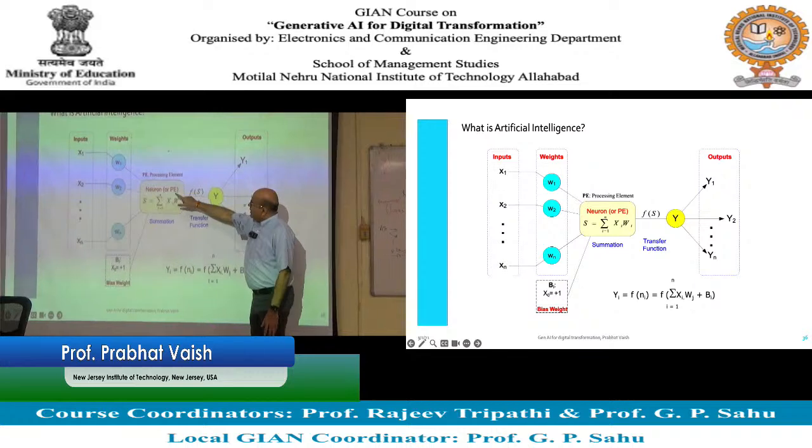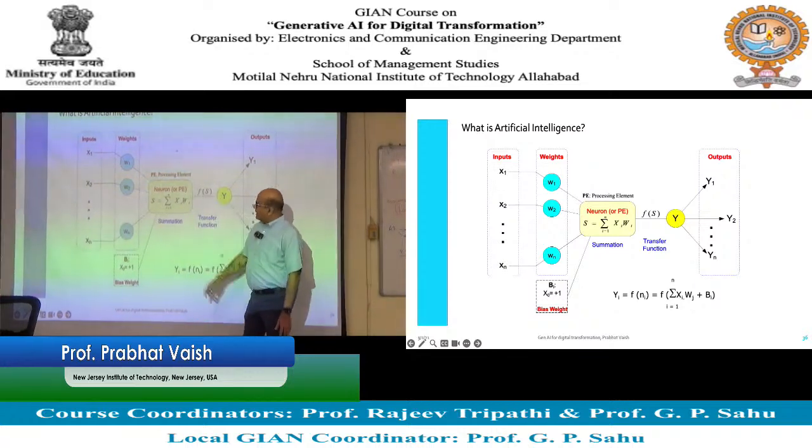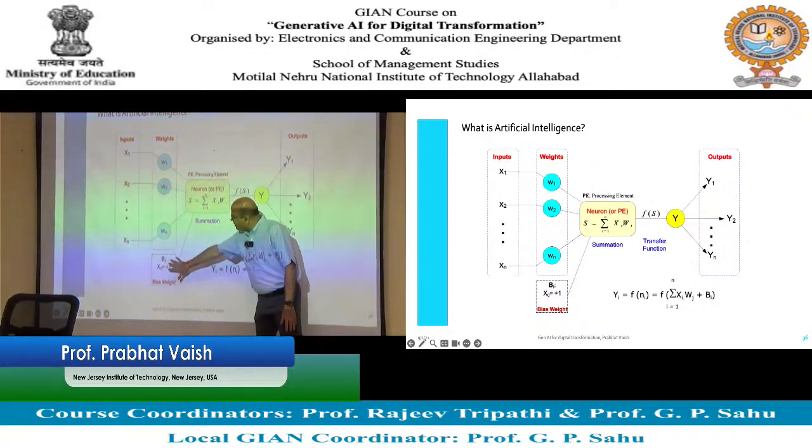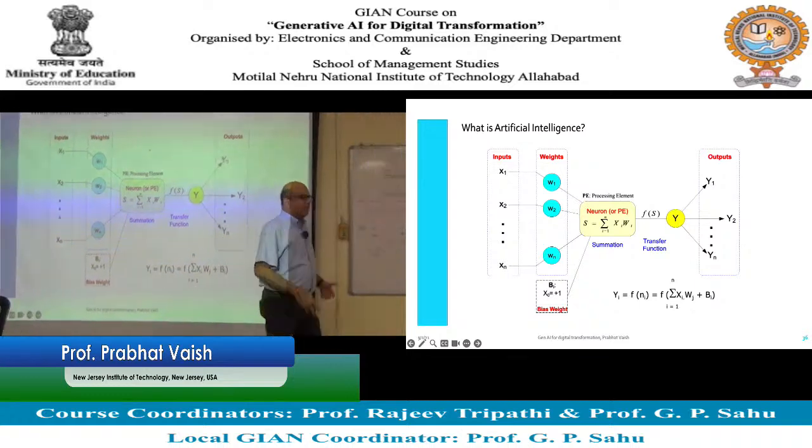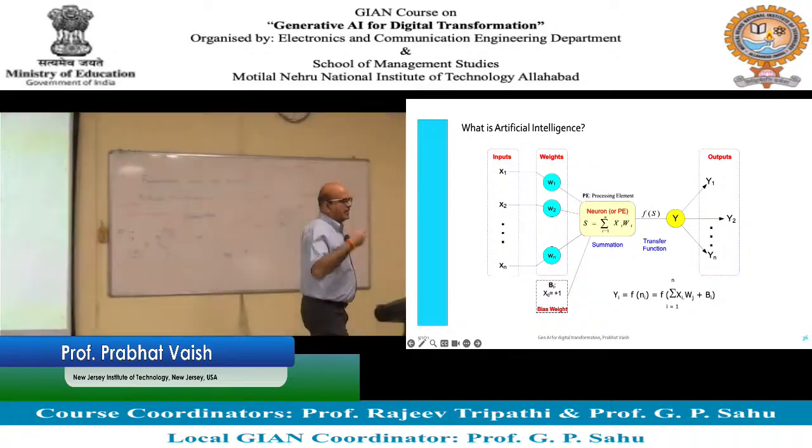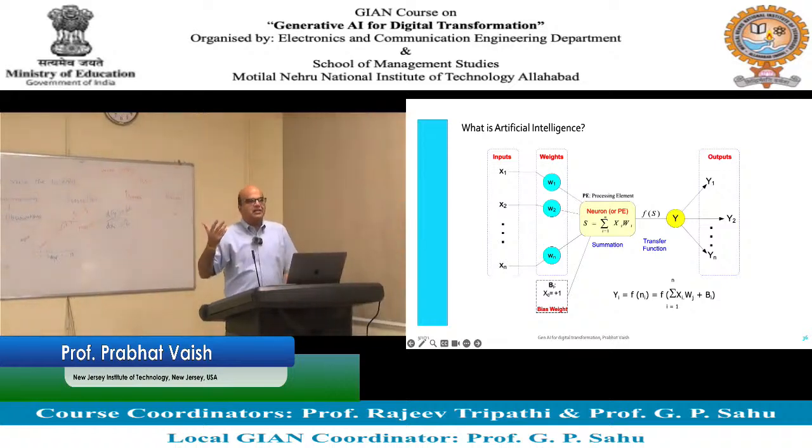One more thing that the research has shown is that there is a bias term that can be included. Now, theoretically, you can say that everybody has biases, right? We like something, we don't like something. So research showed that if you just take the inputs and weights, it may not give us the desired output.